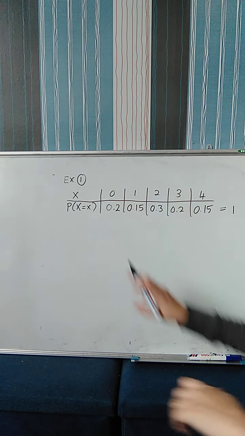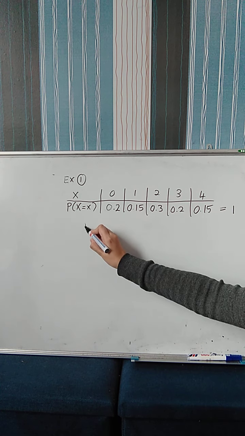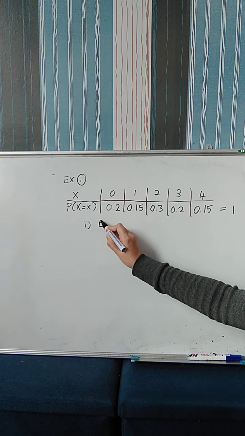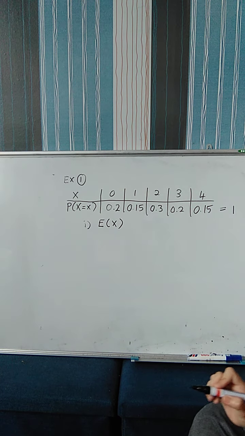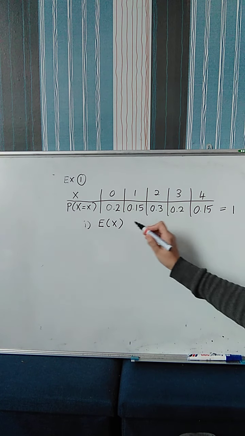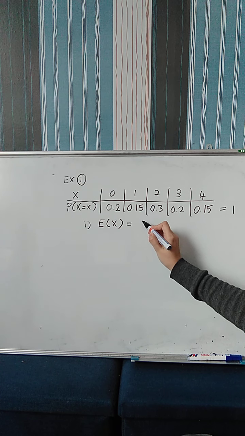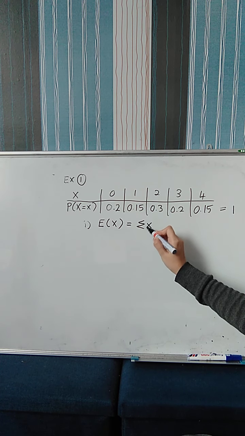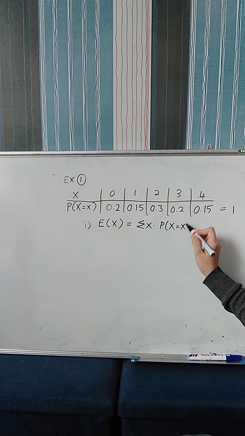Let's continue to number 1. Find the expected x. Expected x is from subtopic 7.2. The formula to find the expected x is the sum of x times P(x).